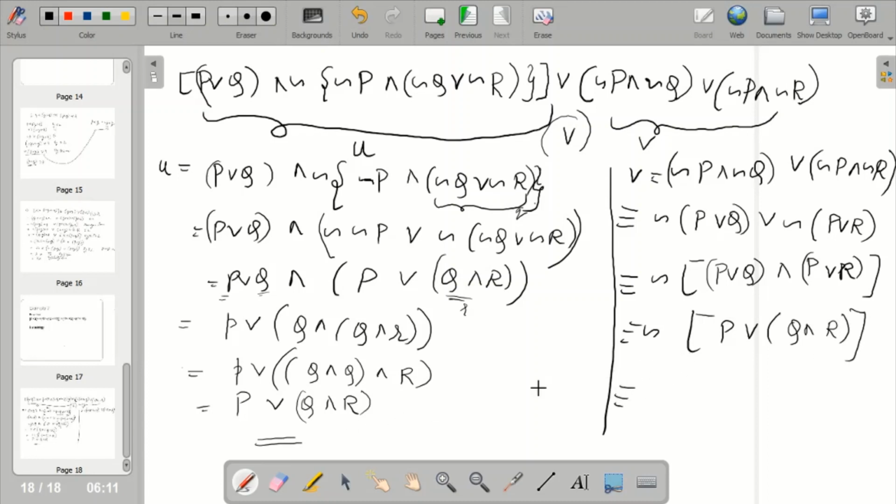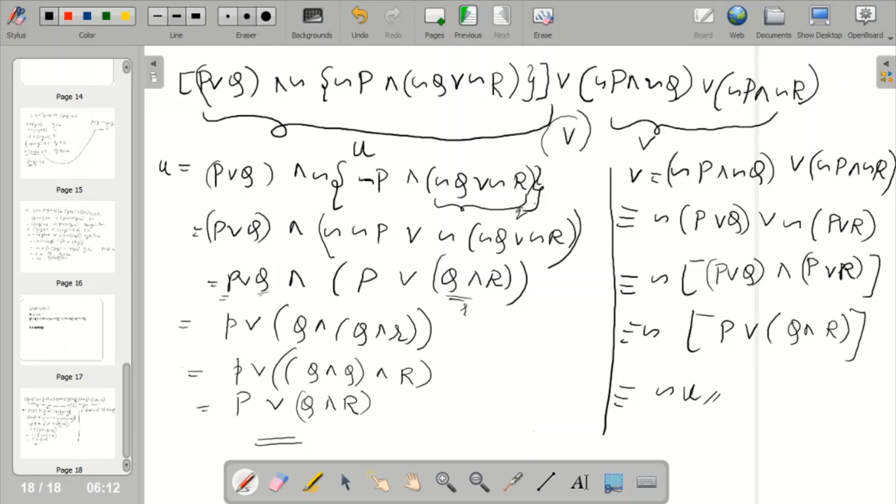But you can see its meaning is nothing but negation of U. You got U as P or Q and R. V is nothing but negation of U. Finally, I want this entire thing as a tautology.